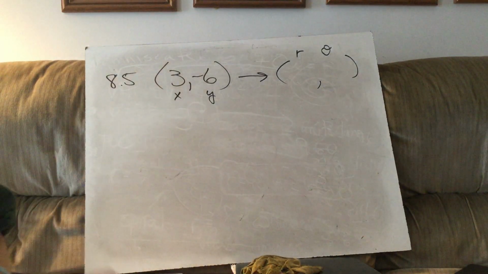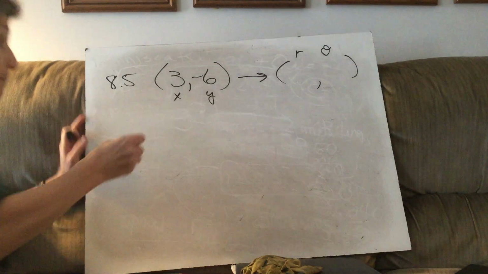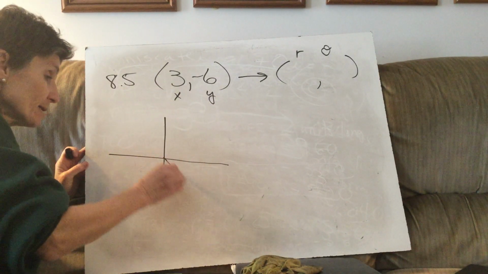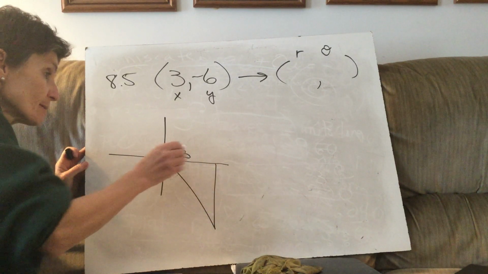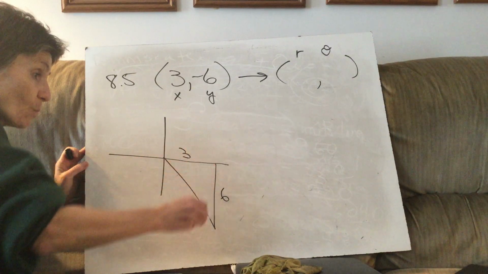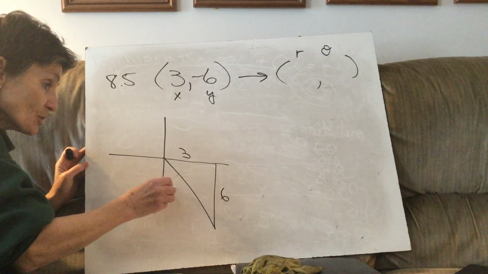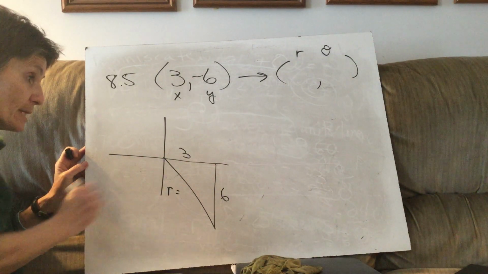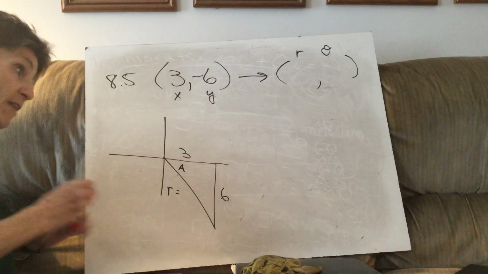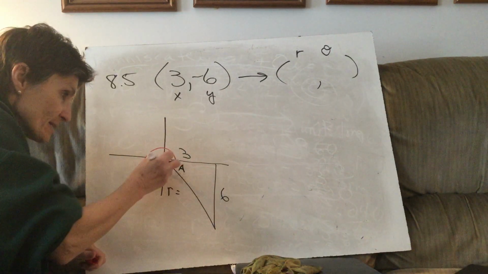Okay? Now, this is easy to do. We've done a lot of this in our other notes, but here's what you have to do. You have to draw a picture of 3, -6, so it's going to look like this. Over 3, down 6. This is going to be our r. Now, we're going to find this angle, but our actual theta is going to be this one.